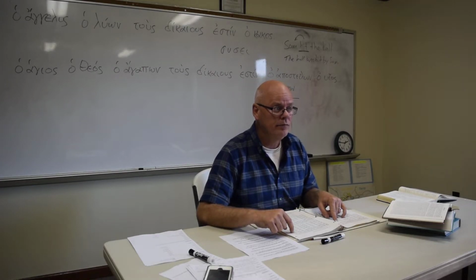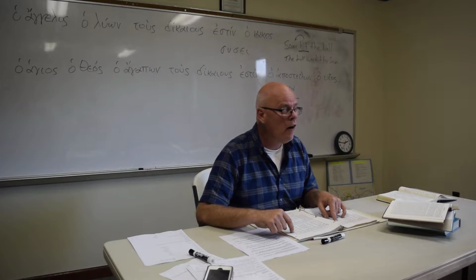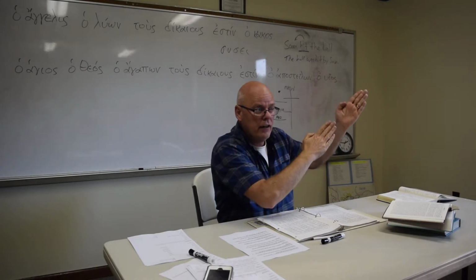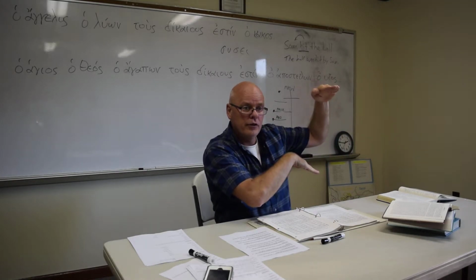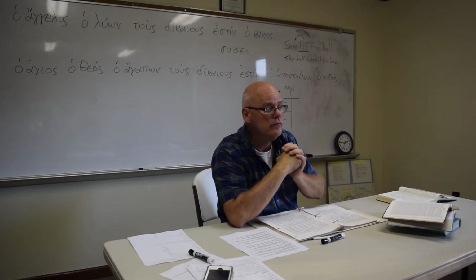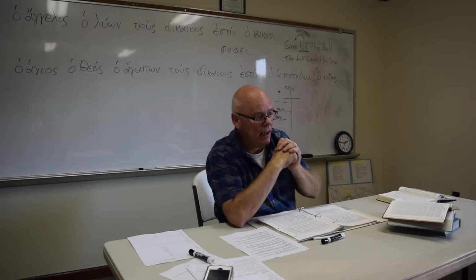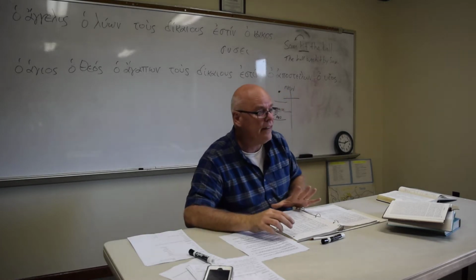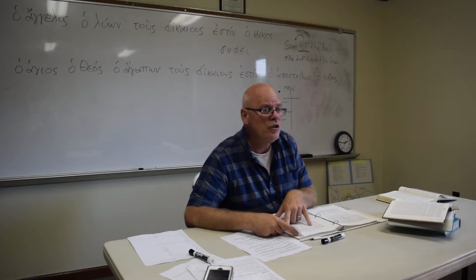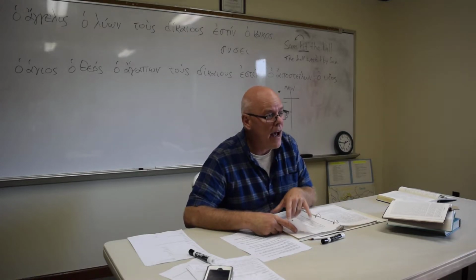Now, are you aware of where you get those first and second declension endings? You get those from your noun charts. The masculine, the feminine, and the neuter. Exactly. That's where you get that. Now, your second declension will cover both neuter and masculine.